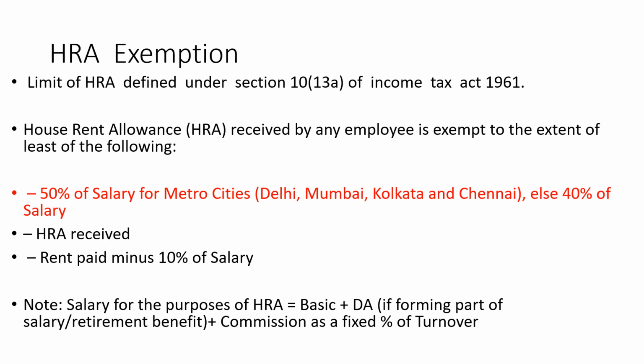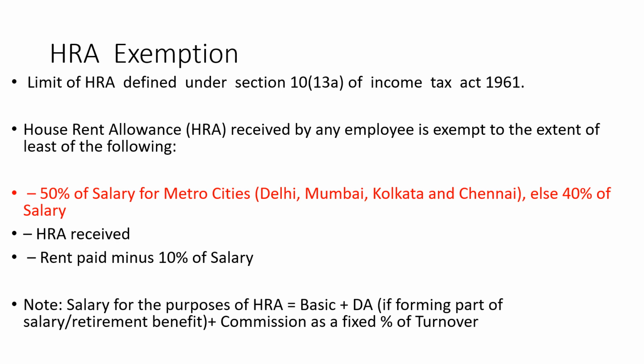So you can calculate 50% of the salary. Second, whatever HRA you received. Third, rent paid minus 10% of salary. Now you should note what is meant by salary for the calculation of HRA.